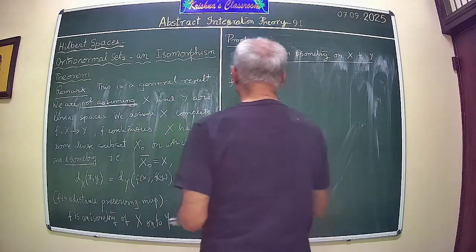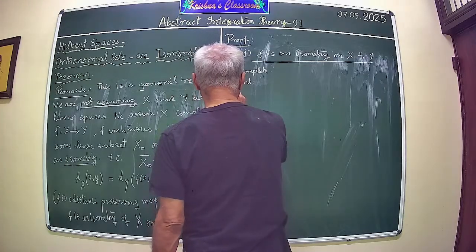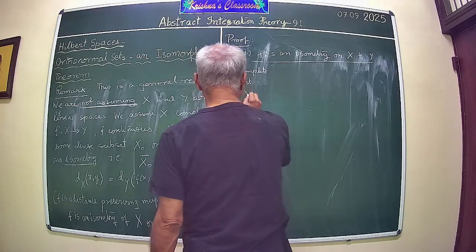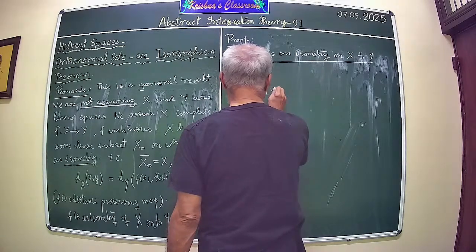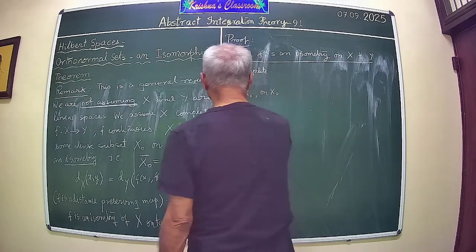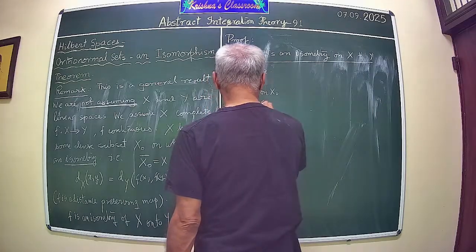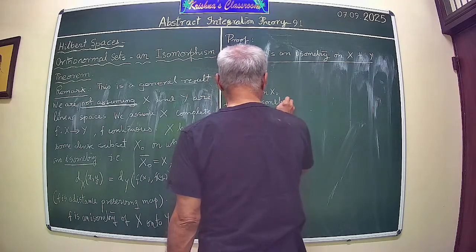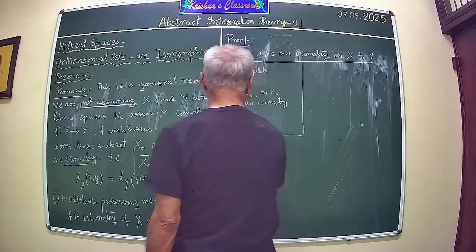Then on X naught, f is an isometry. These are the assumptions that we have.